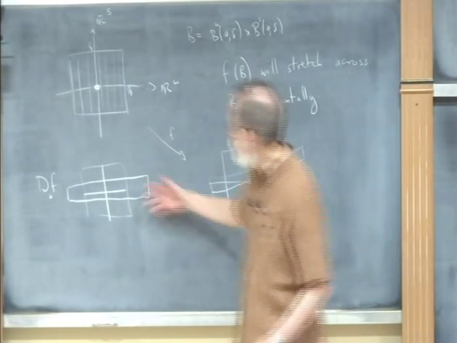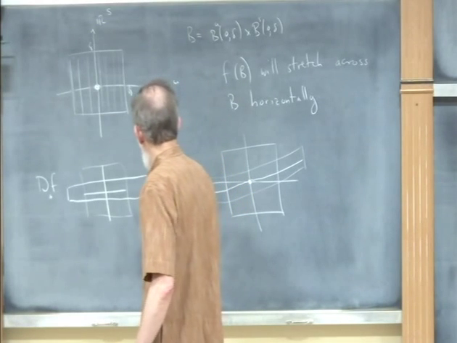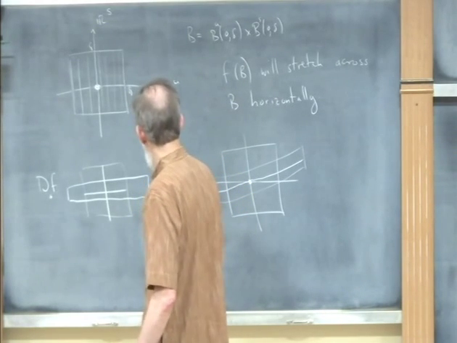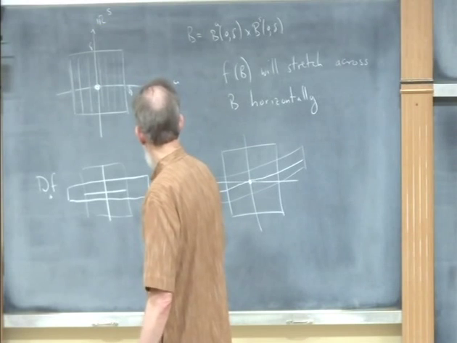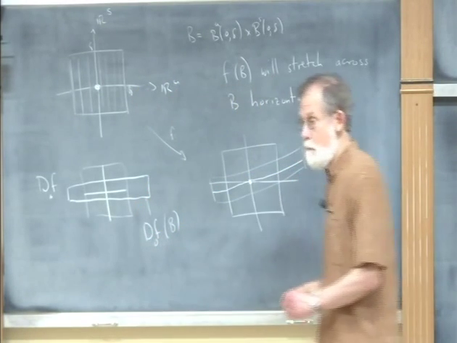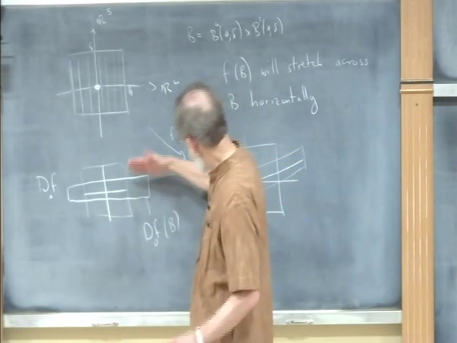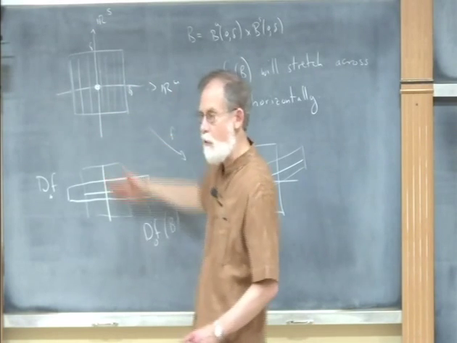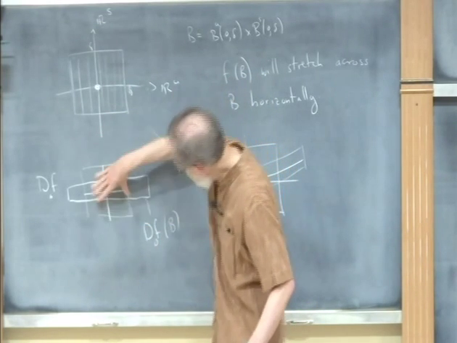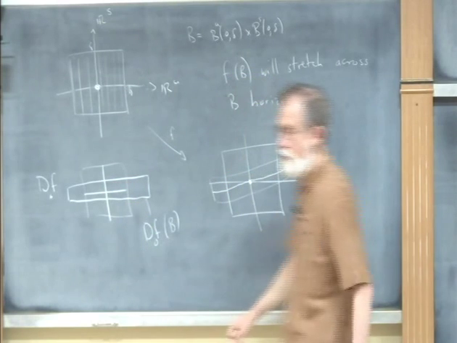That is the picture of the derivative of f at 0 acting on the box. The derivative preserves vertical and horizontal, it stretches horizontal and it contracts vertical.